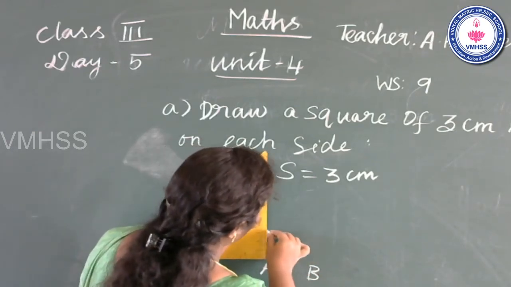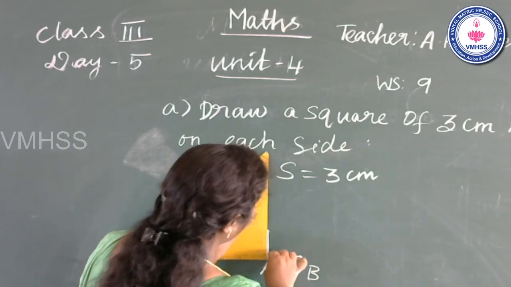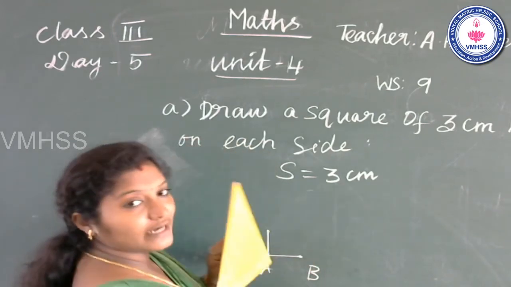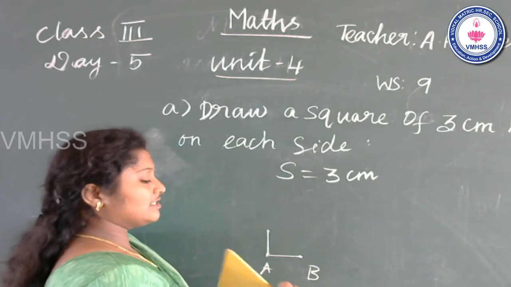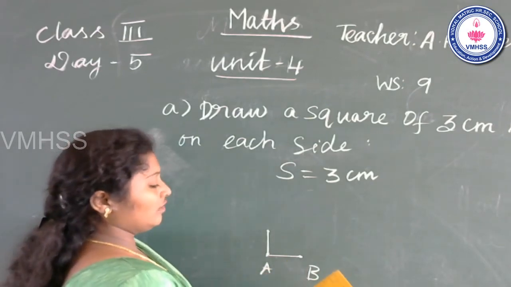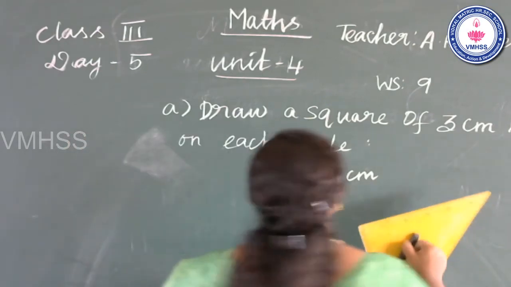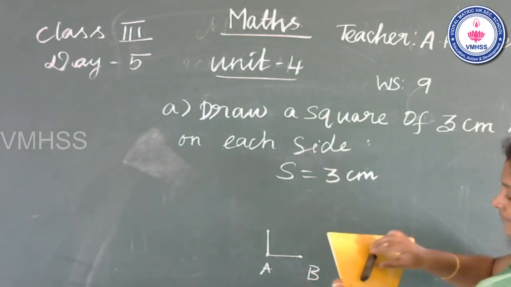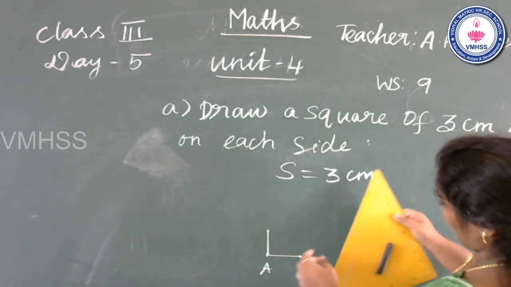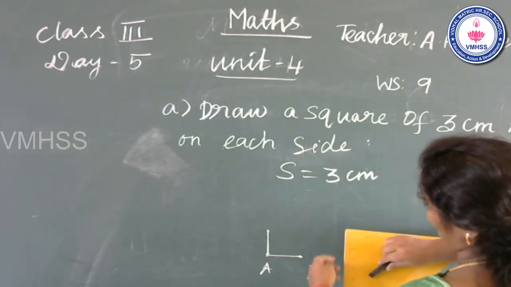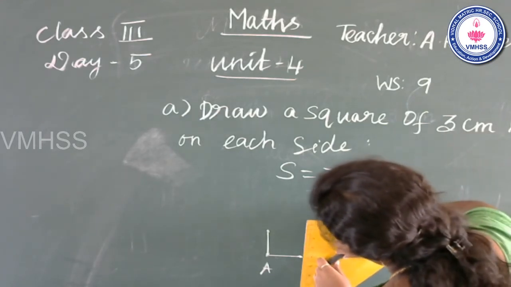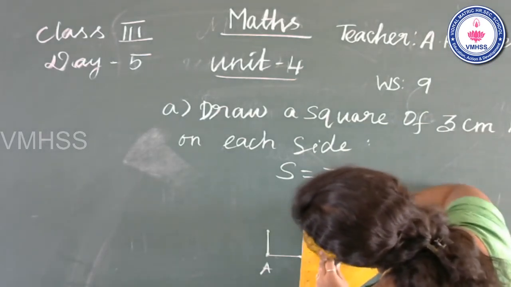So now join a vertical line. Okay ma, so another side is also 3 centimeter. Okay ma, so see there. So 3 centimeter.